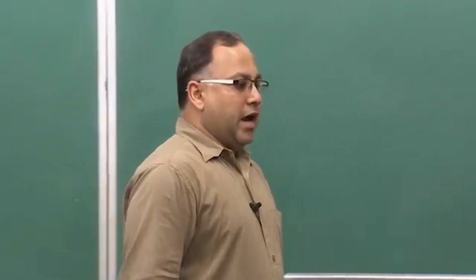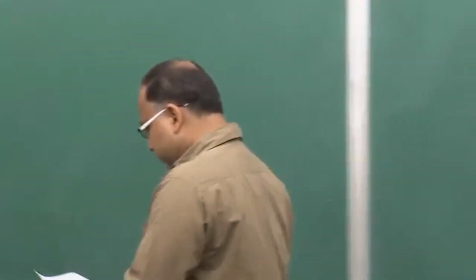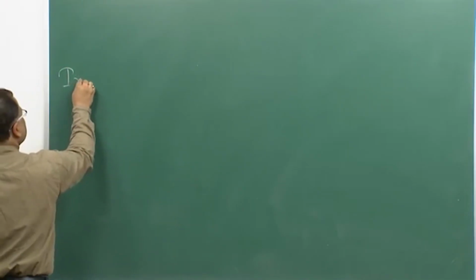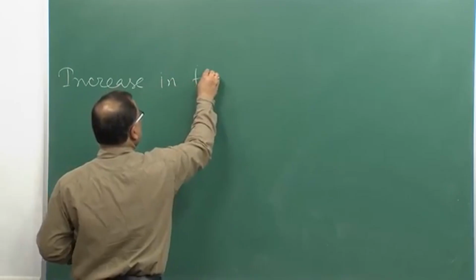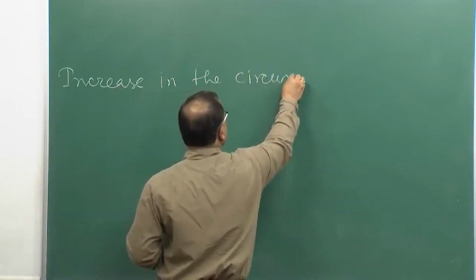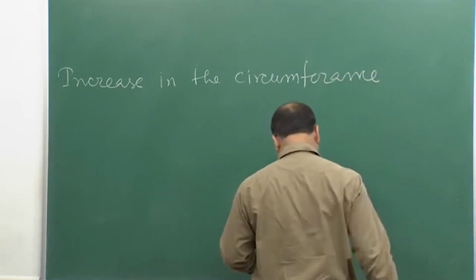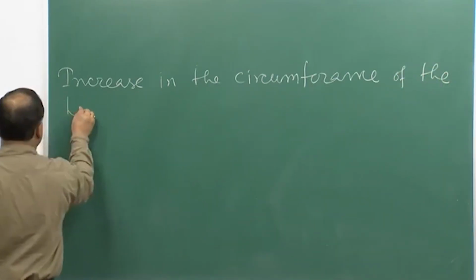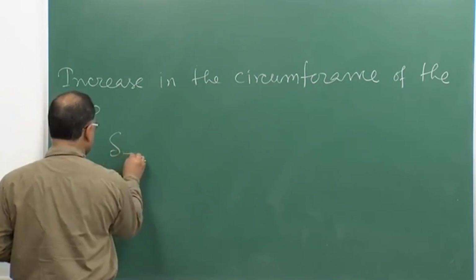For that application of the force, we got the expansion, or the increase in the circumference of the hoop, which was calculated as delta t.